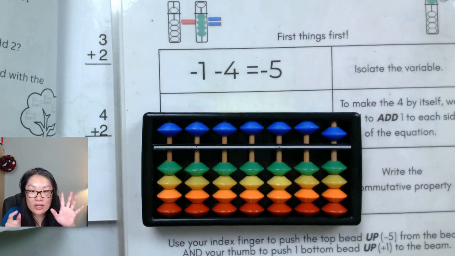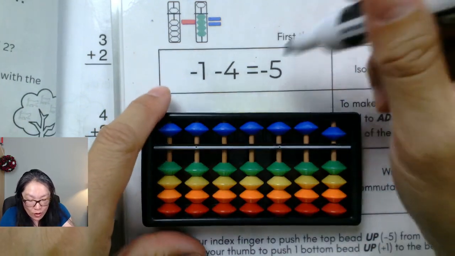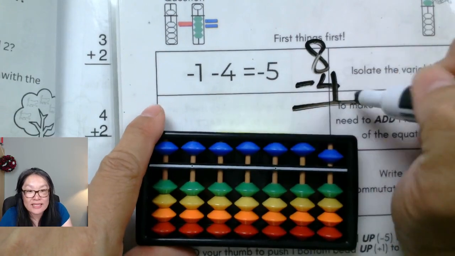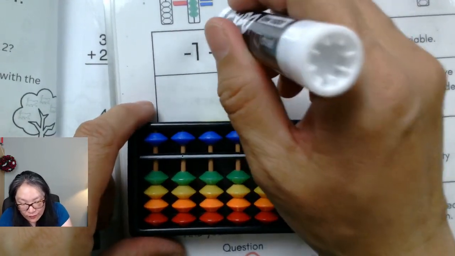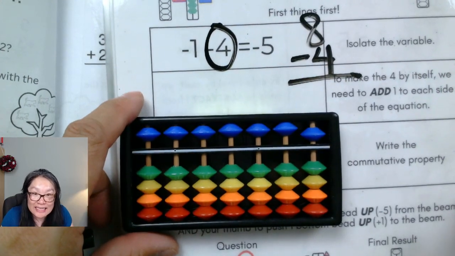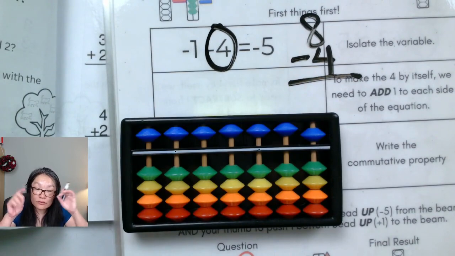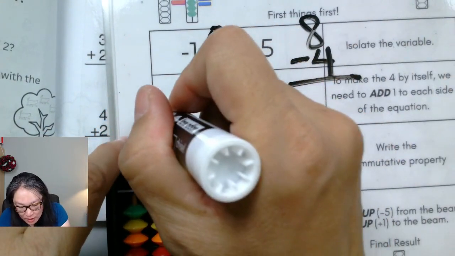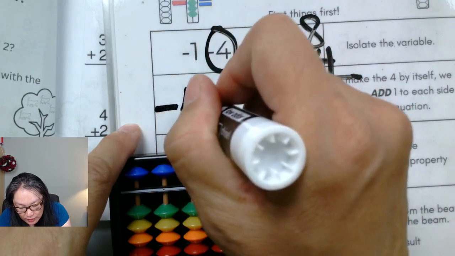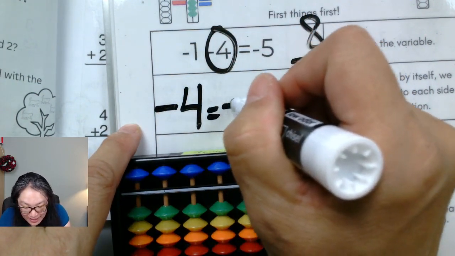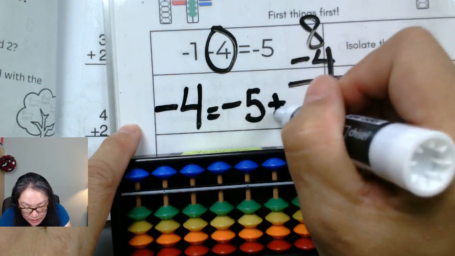Okay. So what we're going to do is minus 4. Why are we going to do minus 4? Because the question is 8 minus 4. When we minus the 4, we're going to isolate the variable. Minus the 4 is equal to minus the 5 plus the 1.